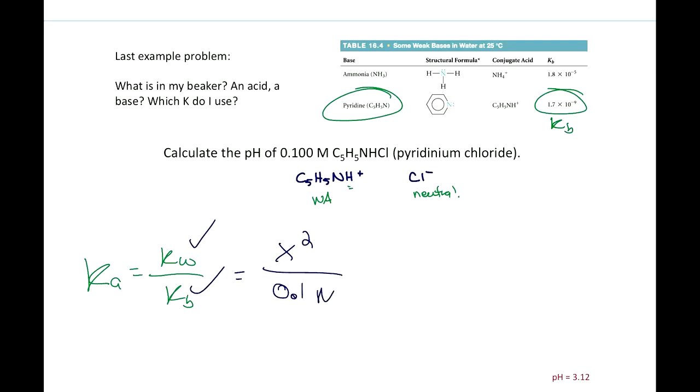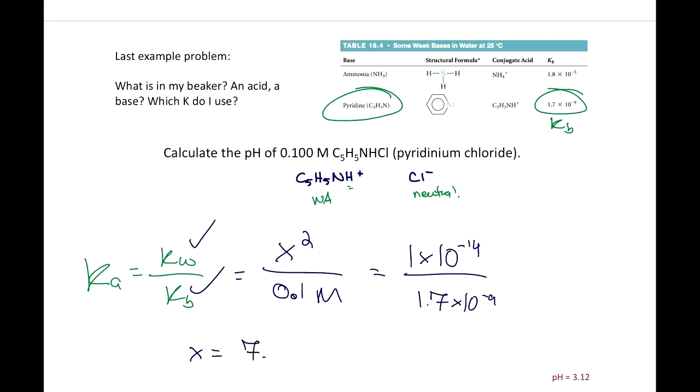molarity. Solve for x. So I'll do the whole thing: 1 times 10 to the negative 14 over 1.7 times 10 to the negative 9, times 0.1, square root.